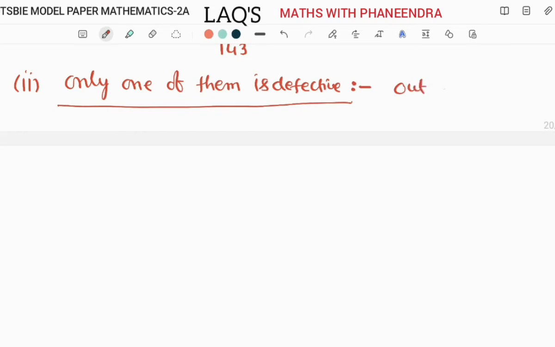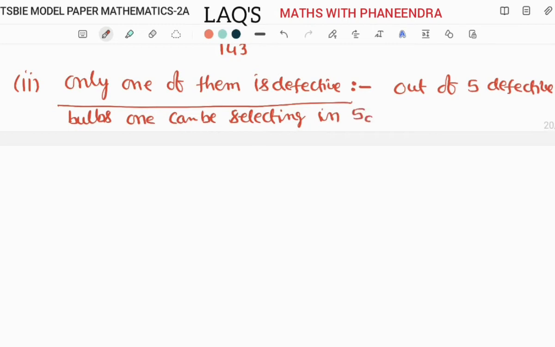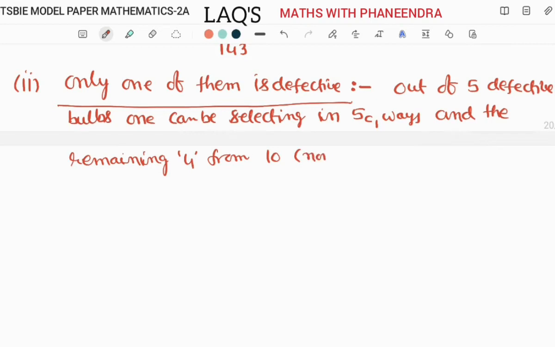So out of 5 defective bulbs, one can be selected in 5C1 ways, and the remaining 4 from 10 non-defective bulbs.